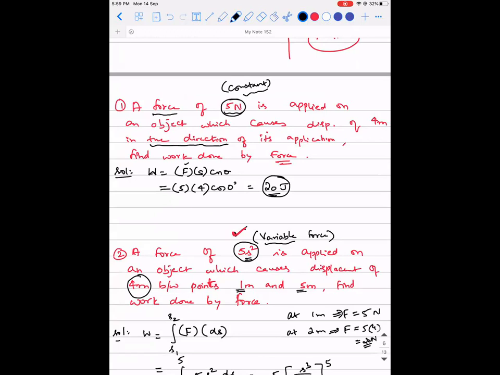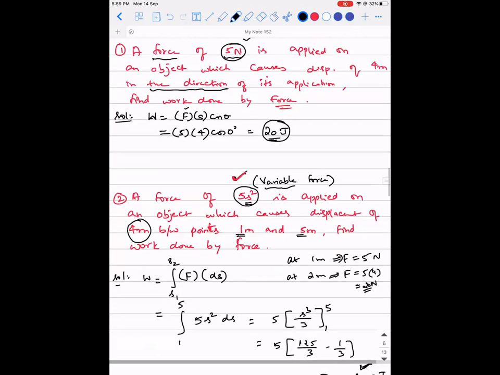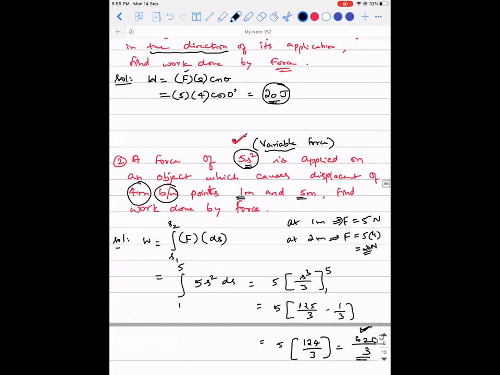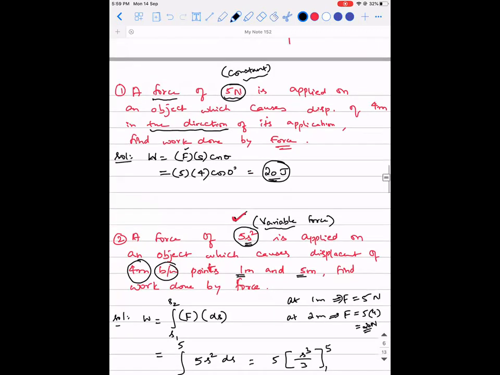Moreover, the question itself will give you a hint of when to use calculus, because you will see the word between. Only for variable forces will you have the concept of between, whereas in the case of constant force, they mostly give you the displacement.